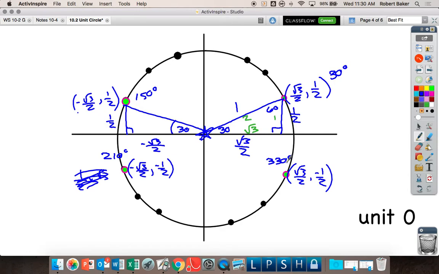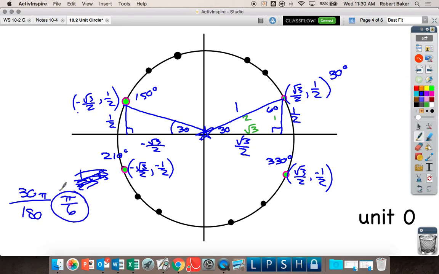So now we have to keep going with radian measures. I need to convert 30 degrees to radians. How many 30s going to 180? 6.